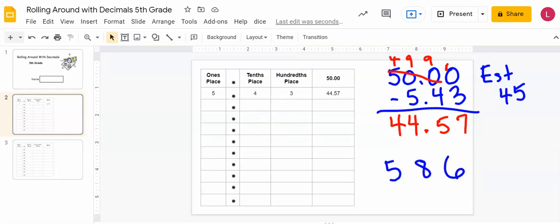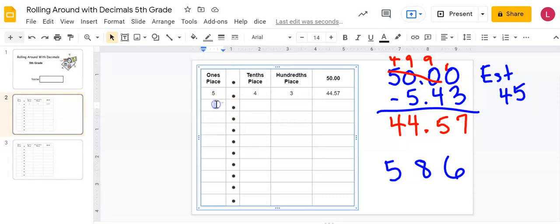Now remember, I'm trying to get the lowest number possible, so I'm going to try to use these digits to build the largest number. So my ones place has the greatest value, so I'm going to use my 8 in the ones place. So 8 ones, and then my tenths has the next greatest value here.